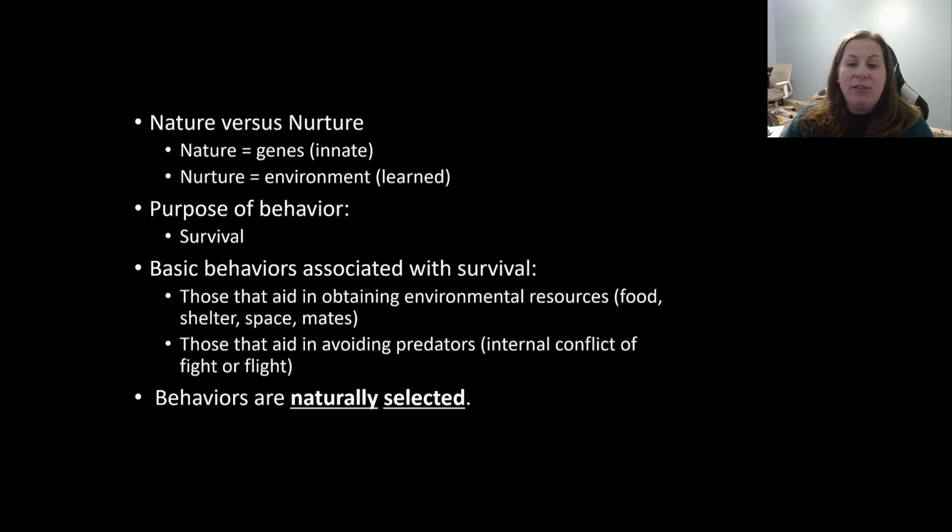Now, basic behaviors that are associated with survival are going to be those that help you in your environment, help you get resources like food, shelter, space, mates, water. Those are going to be behaviors for that. We also see that good survival behaviors are also going to help you avoid predators.